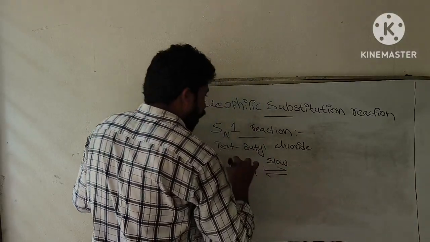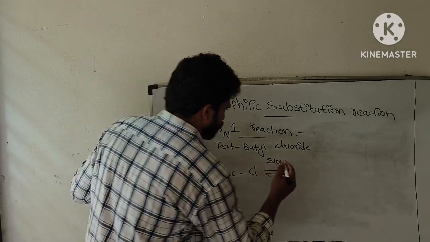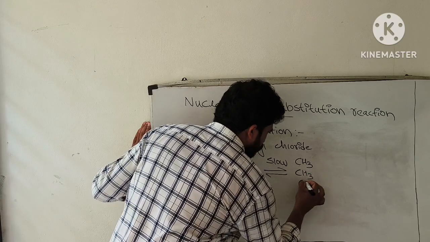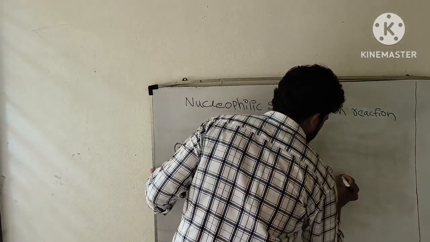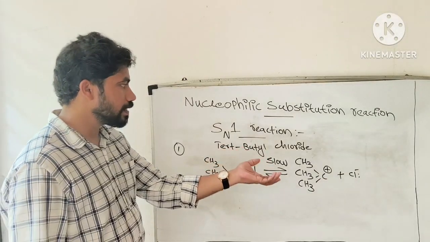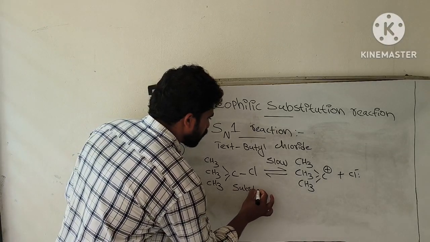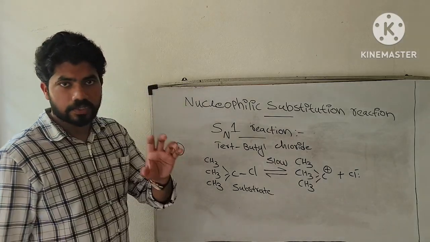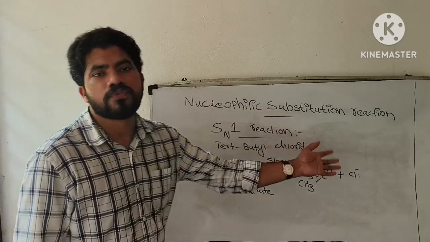After the heterolysis or heterolytic fission, you will get the carbocation, that is tertiary-butyl carbocation, and Cl minus is left. And how is the Cl minus left from the alkyl halide or substrate molecule? It is because of the presence of polar protic solvent, which causes solvation. Solvation of halogen causes the leaving of the halide ion.